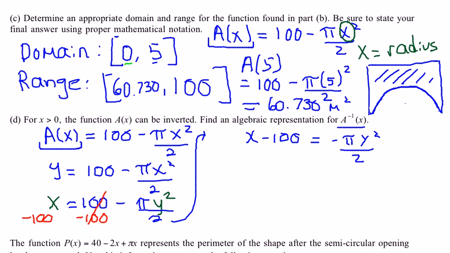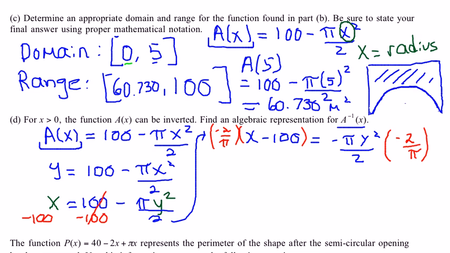We are going to move up. Now I need to deal with this negative pi over 2 that is being multiplied times y squared. So in order for me to move that to the other side, I'm going to multiply by the reciprocal of that expression, negative 2 over pi, on both sides of the equation.